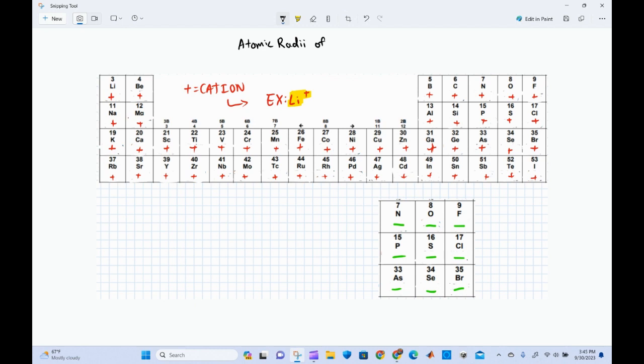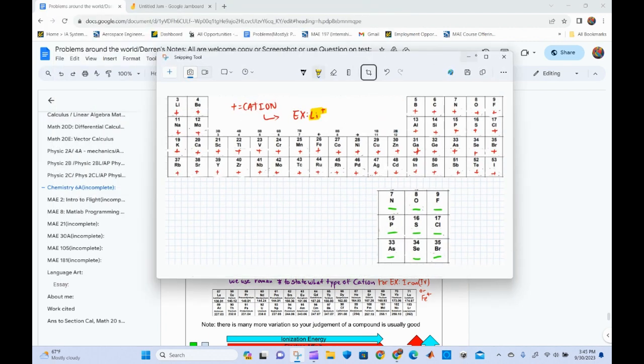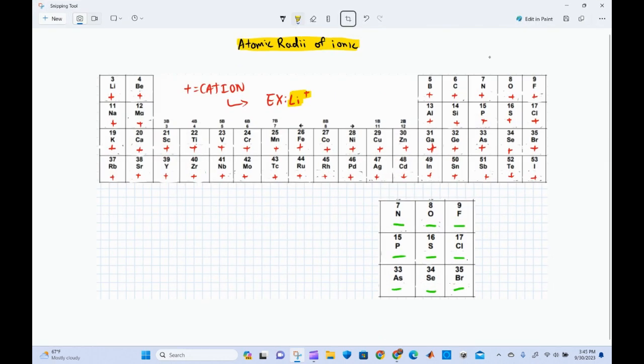It's an ionic compound, for ionic. I think it's just called ionic. Let me just highlight that there. Actually, I don't think I can highlight that, because when I save it, it doesn't work. I'm going to have to re-highlight that later.